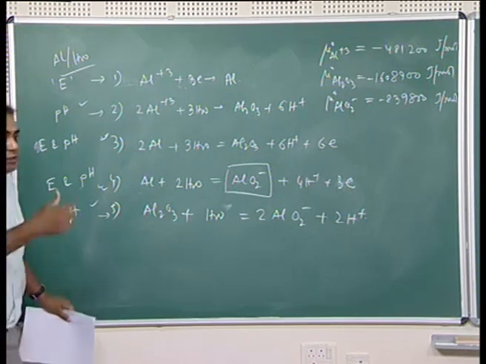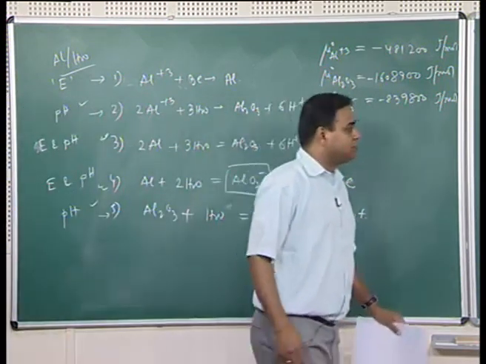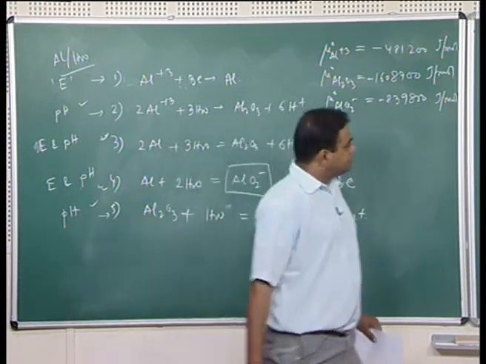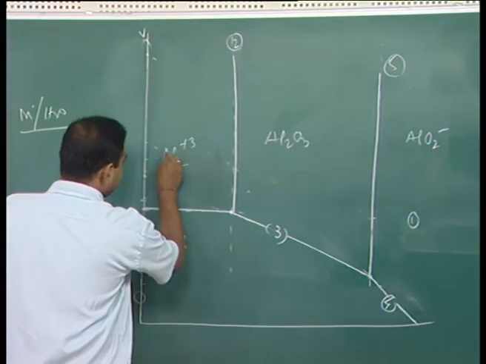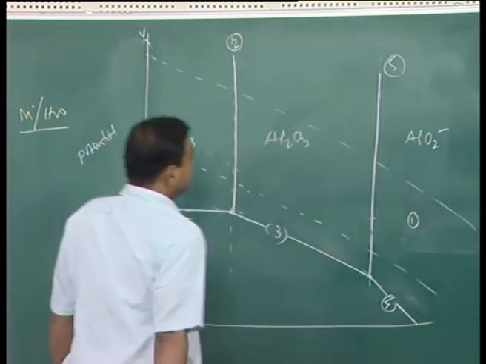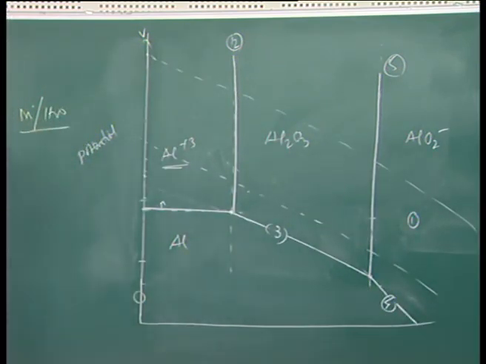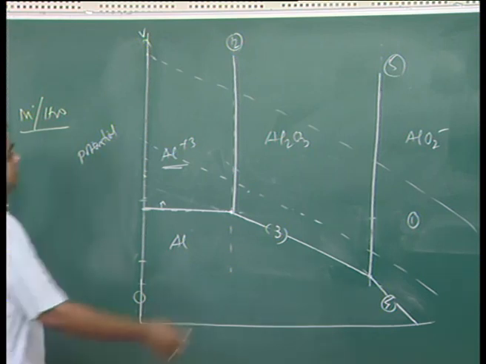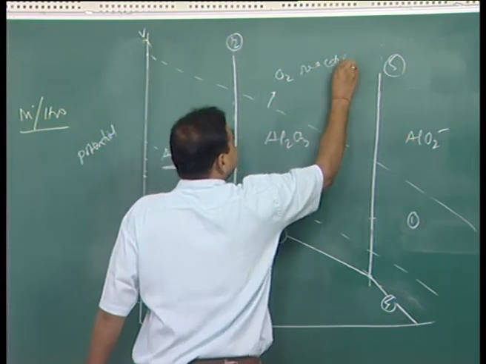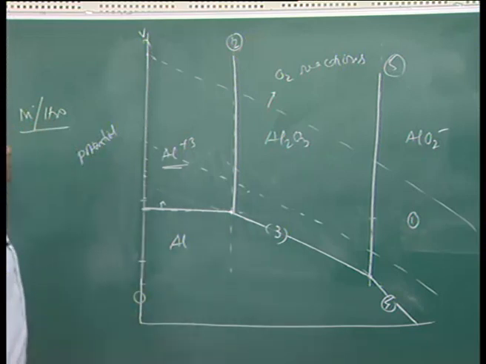Now, we will also have all those 4 reactions which involve H plus, O2 and H2O, and that would be again the same thing, 2 lines which are plotted in the Pourbaix diagram in the form of dotted lines, and these 2 lines, that means this is basically the O2 reaction. In one case it would be O2 plus 4H plus 4e going to 2H2O, which is happening in acidic medium.